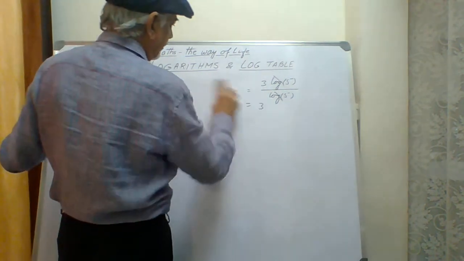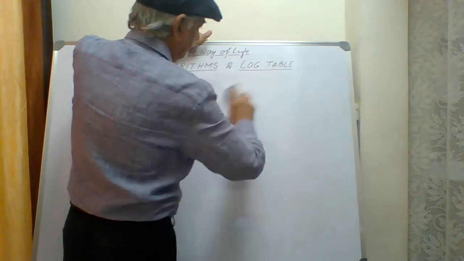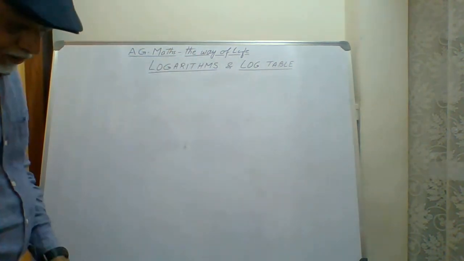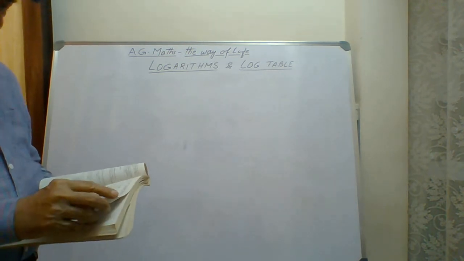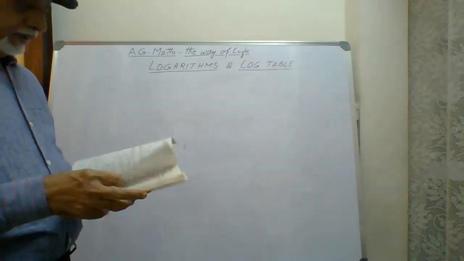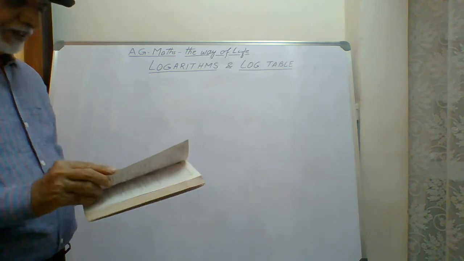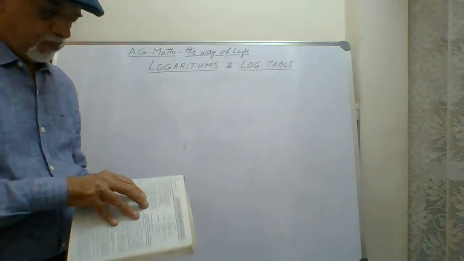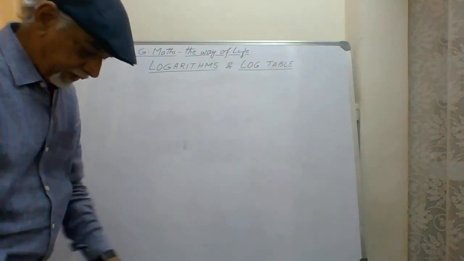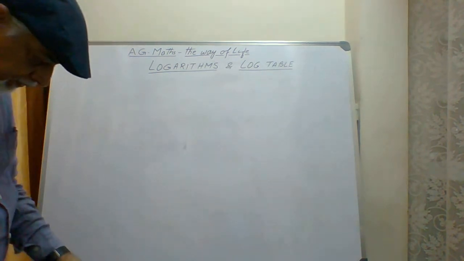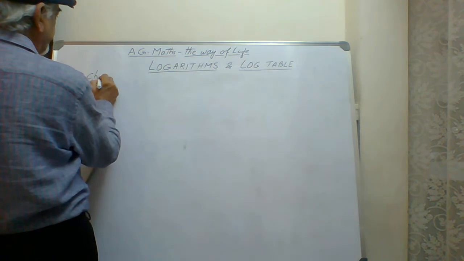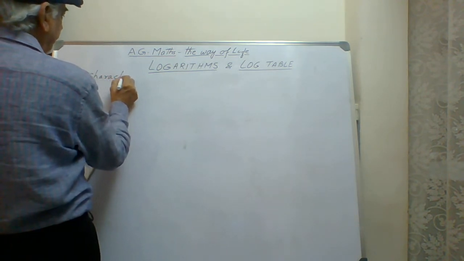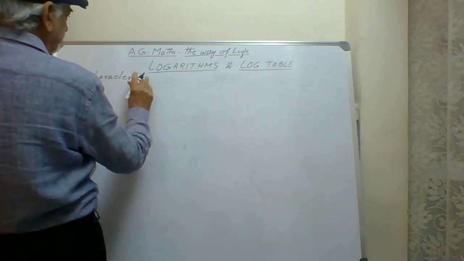Okay. Now we go to some more features of the characteristic and the mantissa, which I have been talking to you about earlier. Let's take one example. The mantissa value will not change, but the characteristic will change for a set of numbers.